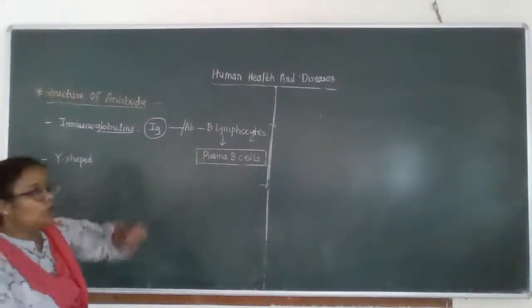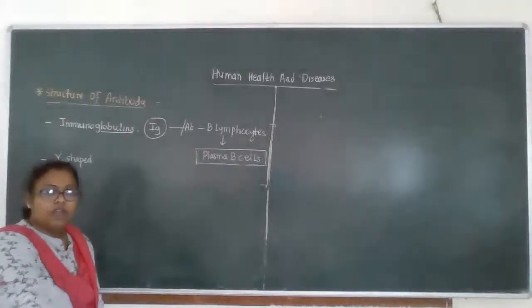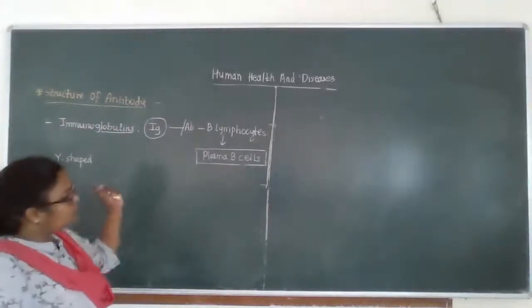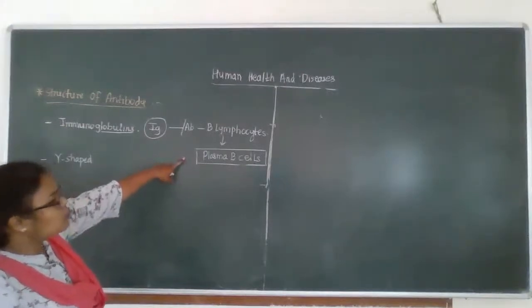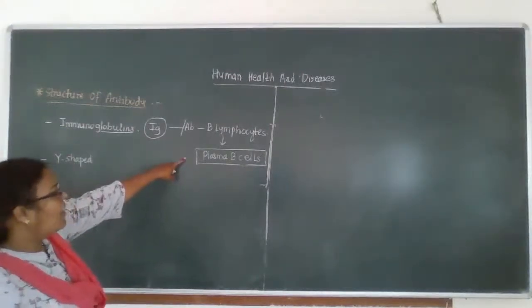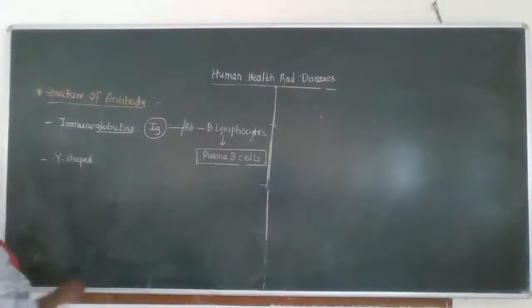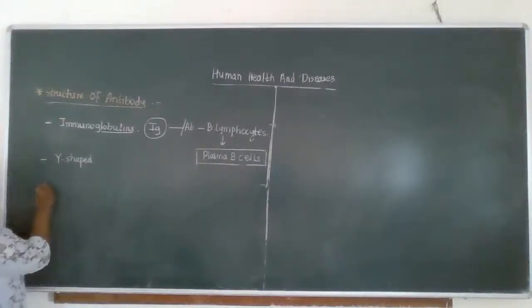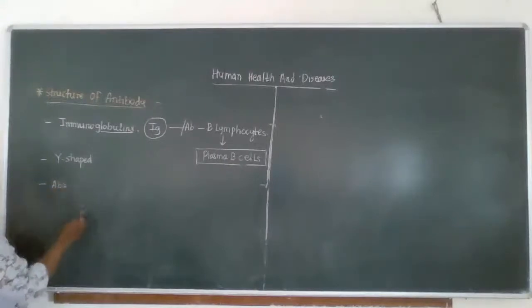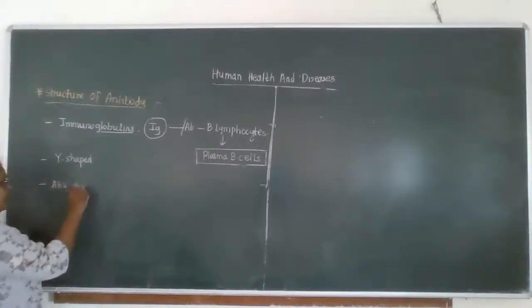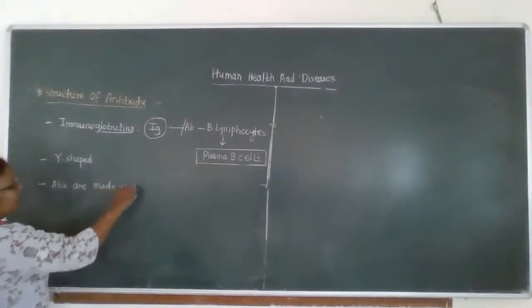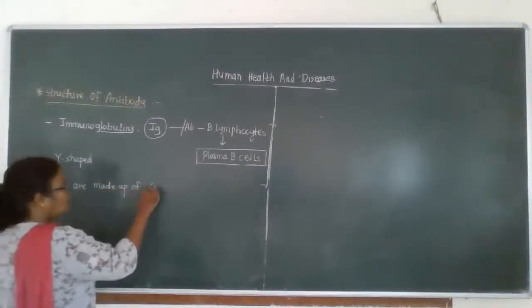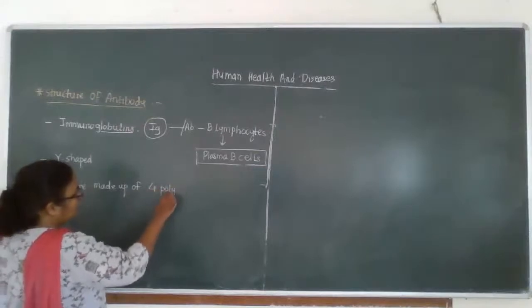Near about 2,000 molecules are produced per second, so these plasma B cells are known to be factories for antibody production. Majorly these are Y-shaped. These antibodies are made up of 4 polypeptide chains.